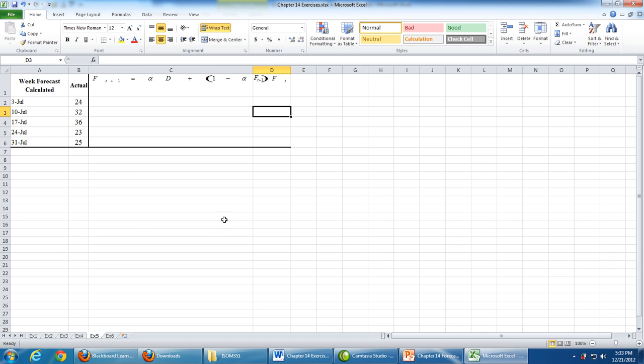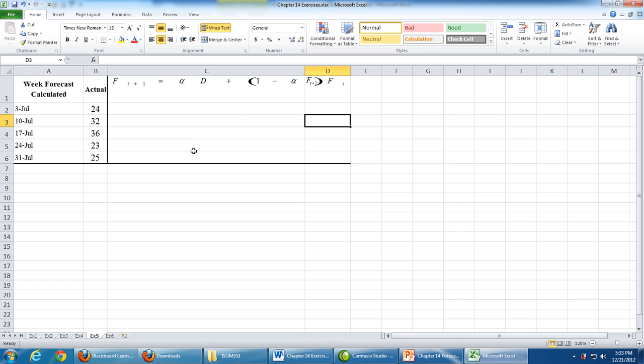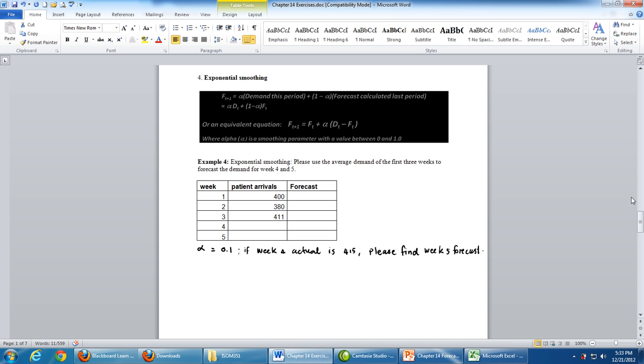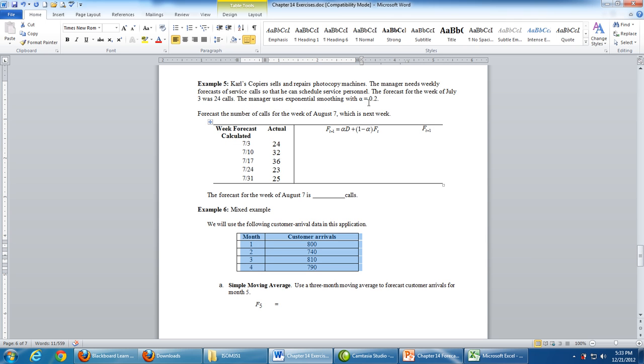On example number 5, another example of the exponential smoothing. The alpha is 0.2. Their forecast for July 3rd is 24 to start with.